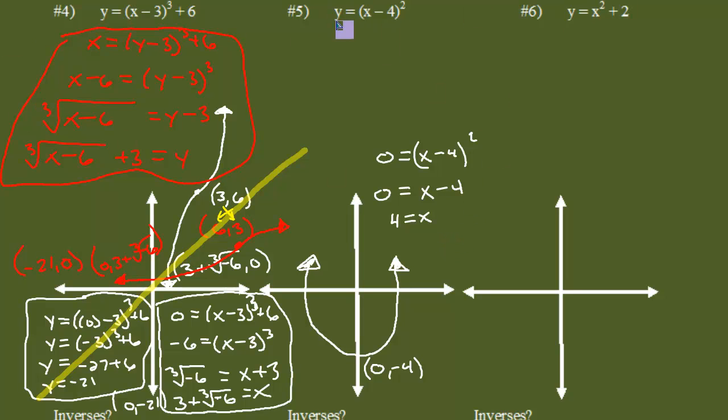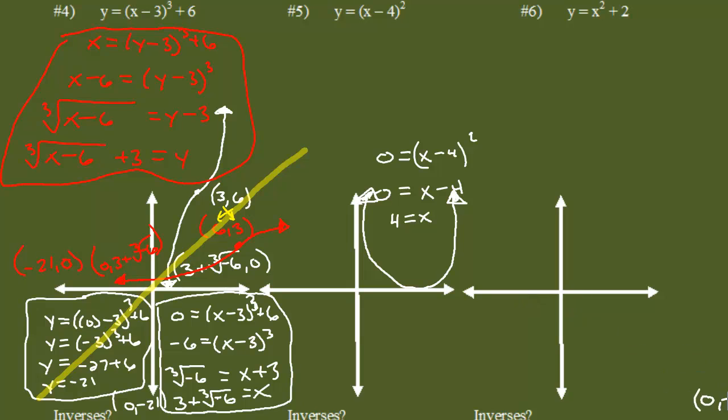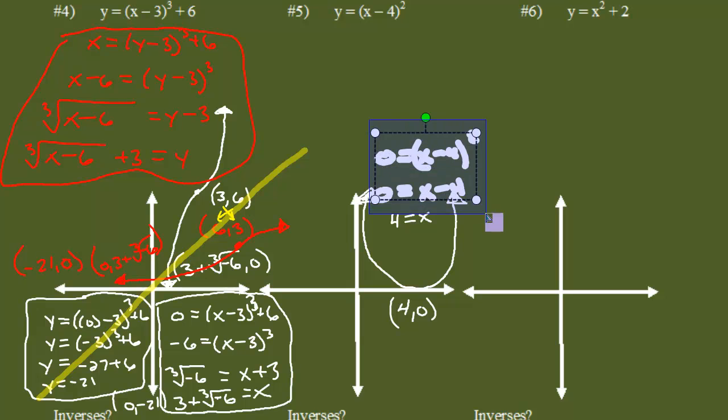Here's where I messed it up. This minus 4 translates the graph to the right 4, not down 4, which is consistent with this saying the x-intercept is 4. I apologize for that. So, made a mistake, and knew I made a mistake because when I did this x-intercept, things just didn't work out correctly.